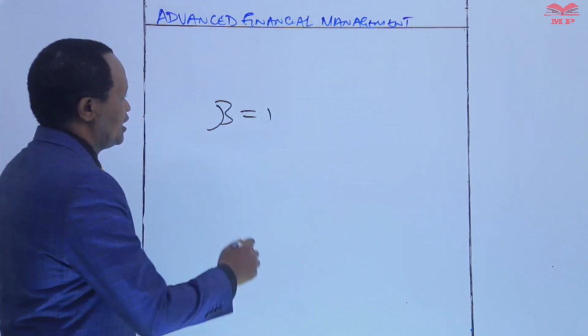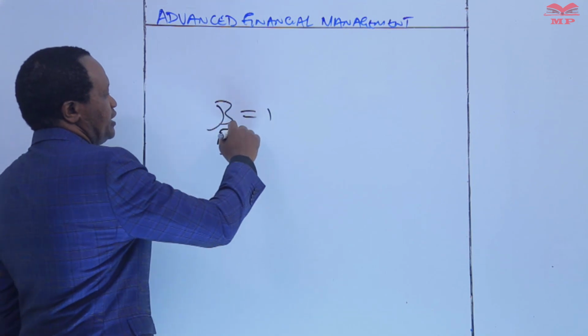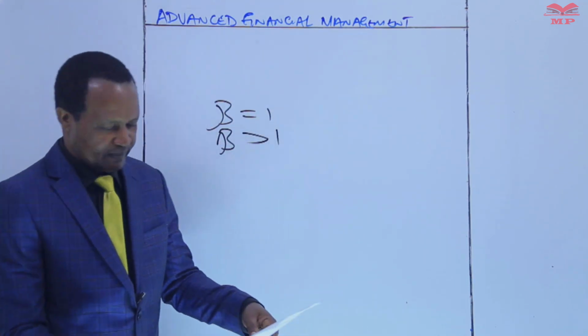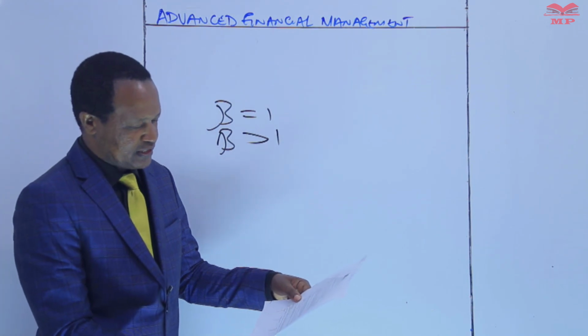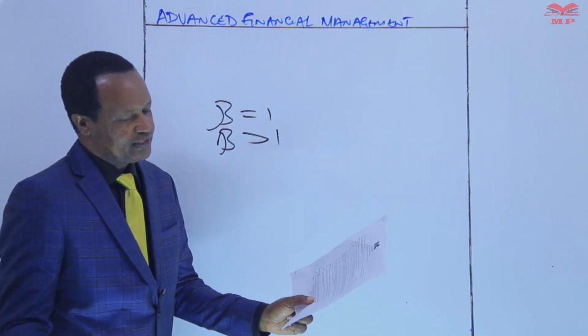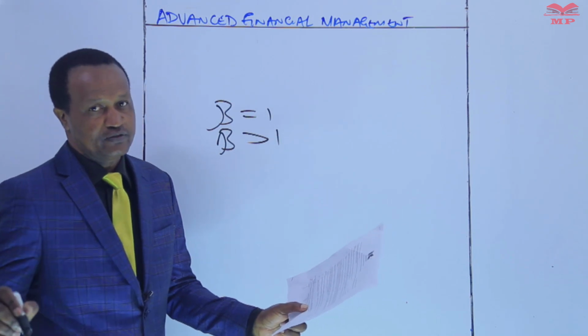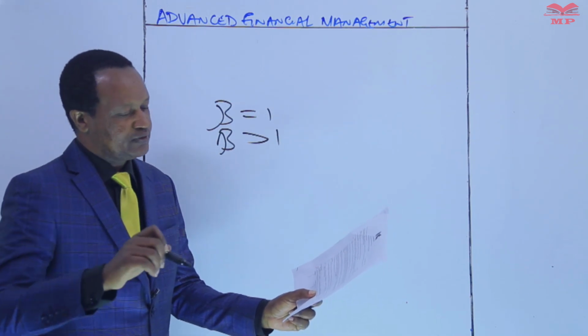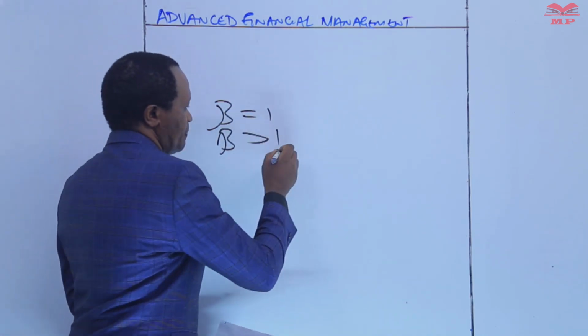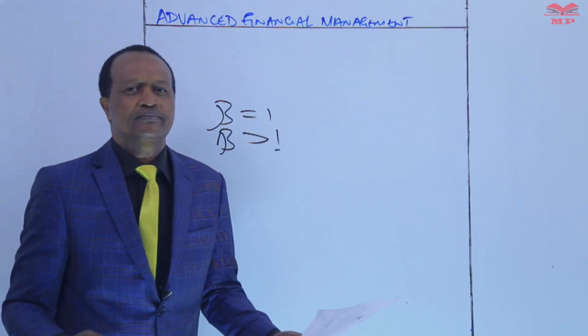But you may have beta greater than 1, as is the case here with asset B. Asset B's beta is 1.75, which is greater than 1. What does that mean?